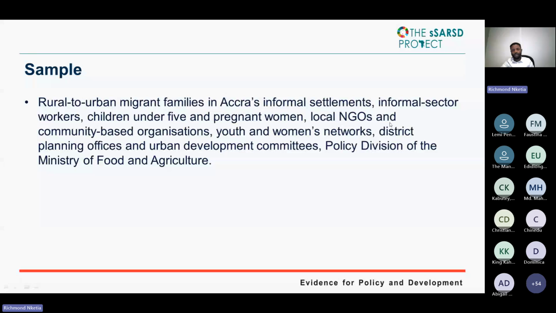And then informal sector workers, children under 5 years, and pregnant women, who tend to be those most affected by hunger and food insecurity. Local non-governmental organizations, remember, I said up there that after my study, I'm going to collaborate with local NGOs to implement programs and initiatives to address food insecurity and hunger.